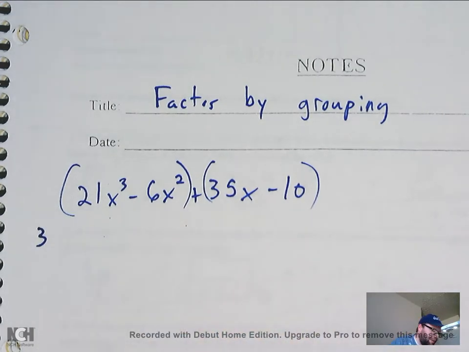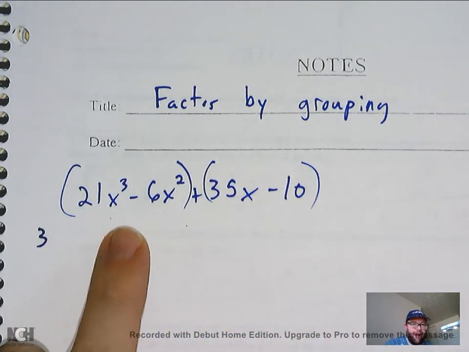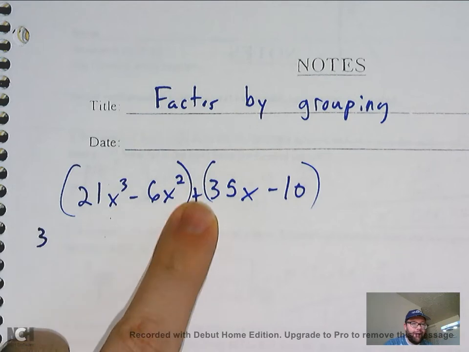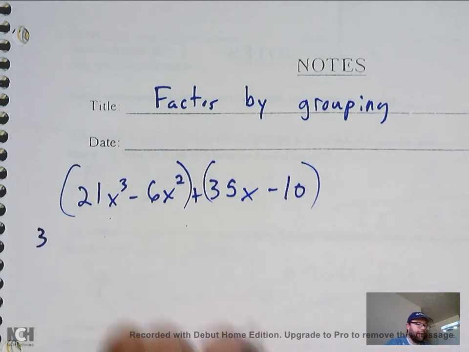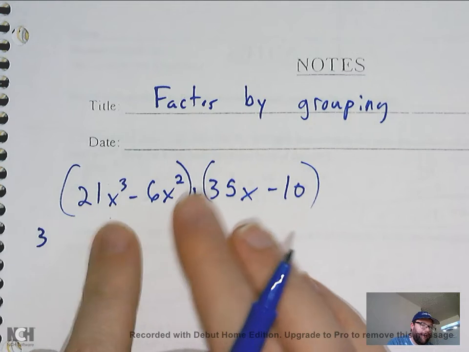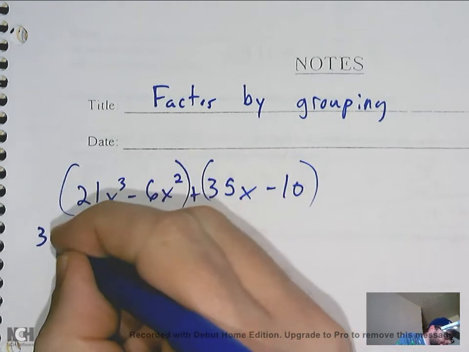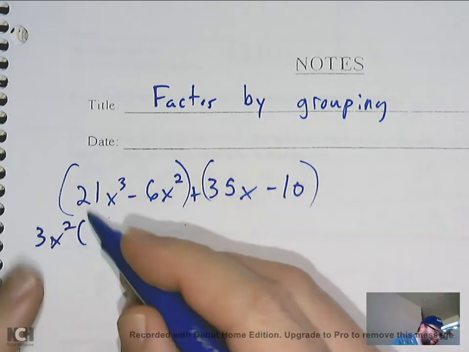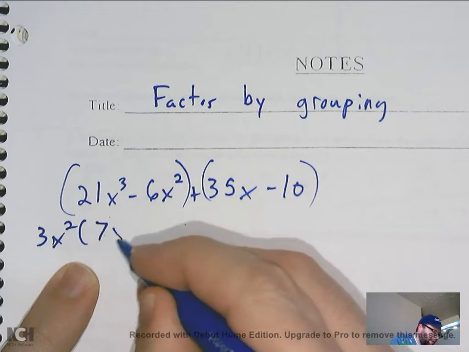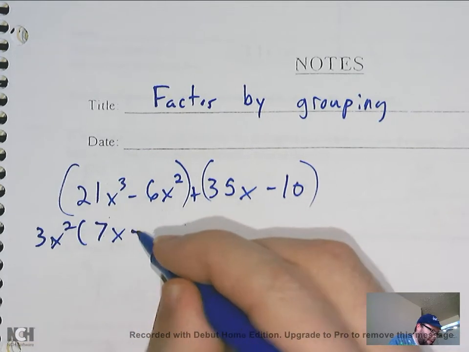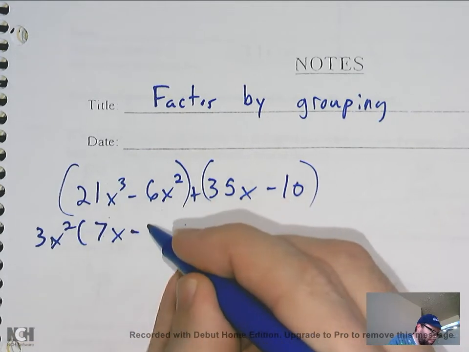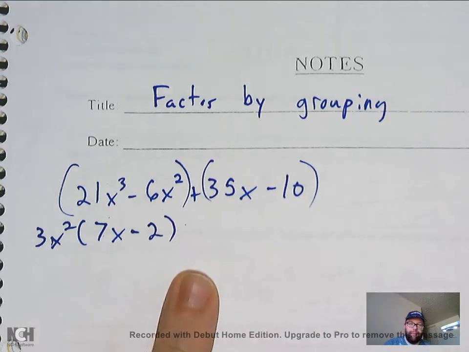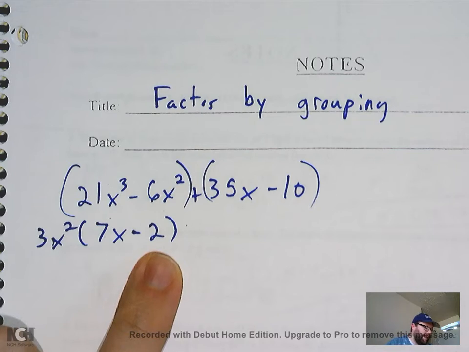So I can take out a 3, and then I've got x to the third, and I've got x to the second, so I can take out an x to the second, because they each have at least two x's. And then what's going to be left is 7x minus 2. So 3x squared goes in front, and then I have 7x minus 2.